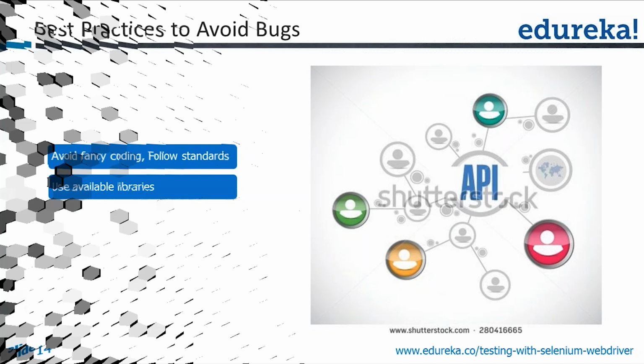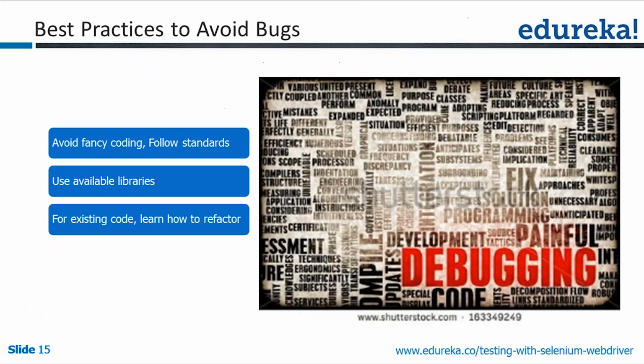For existing code, learn how to refactor. You might not have heard this term, refactor. Refactoring means that instead of changing the signature of the method, you are changing the definition of the behavior. So what will happen if you refactor your code?